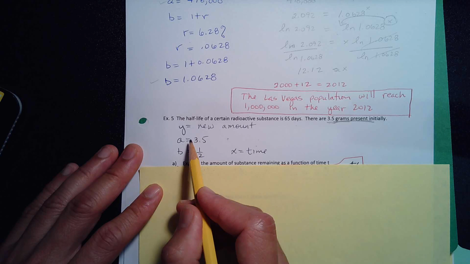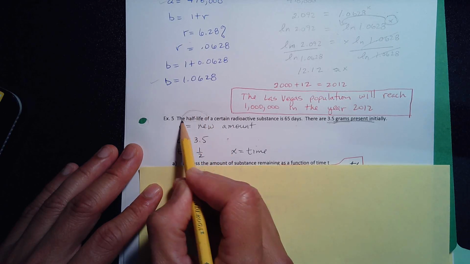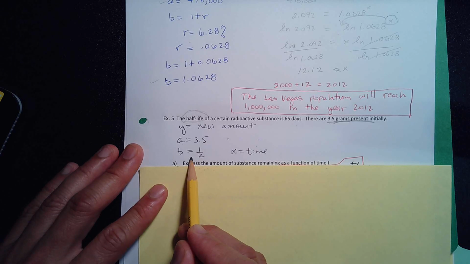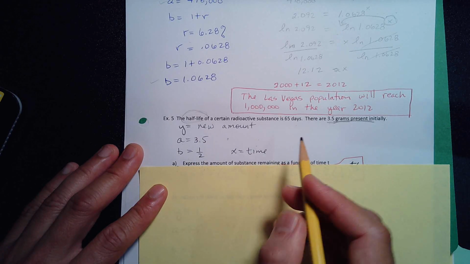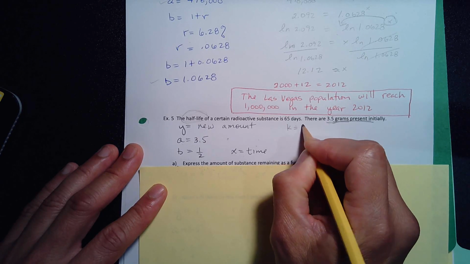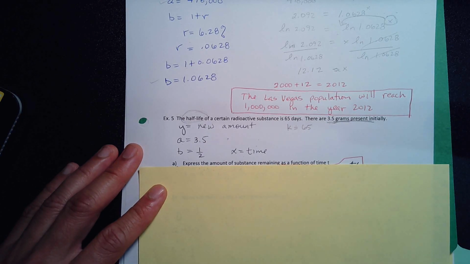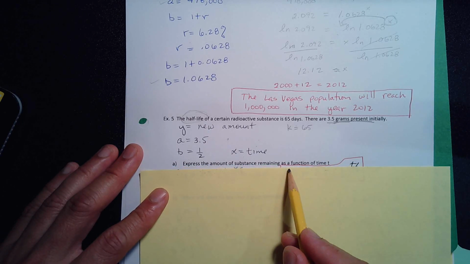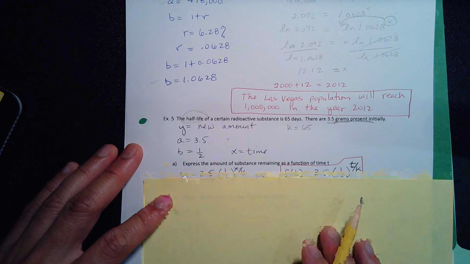B is 1/2. How did I know it's 1/2? Because we're dealing with a half-life problem. So half-life problems, I said B is 1/2, X is time, and K is 65, because K represents the half-life. So it says express the amount of substance remaining as a function of t.